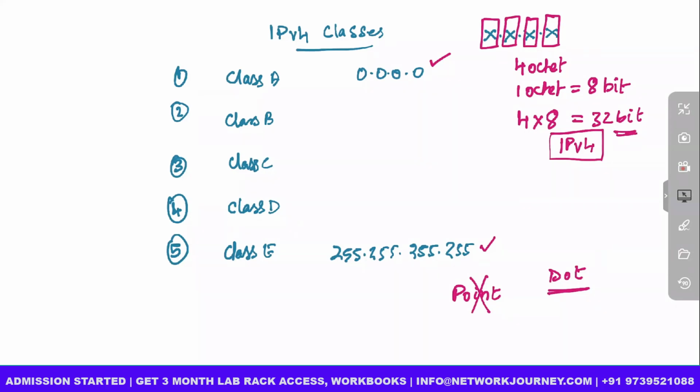Class B starts at 128.0.0.0. Class C starts at 192.0.0.0. Class D starts at 224.0.0.0. And as usual, class E ends at this, but it would have started at some point. That is this.